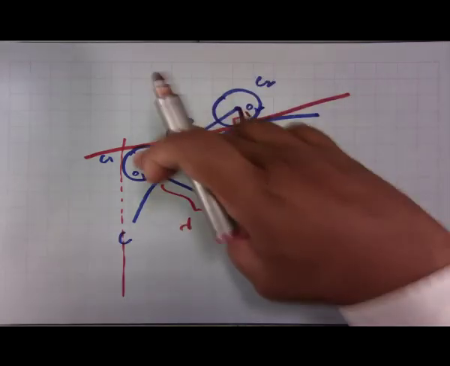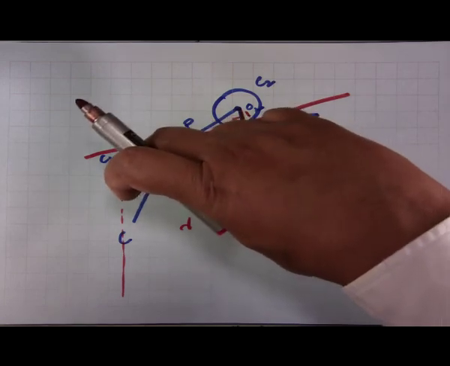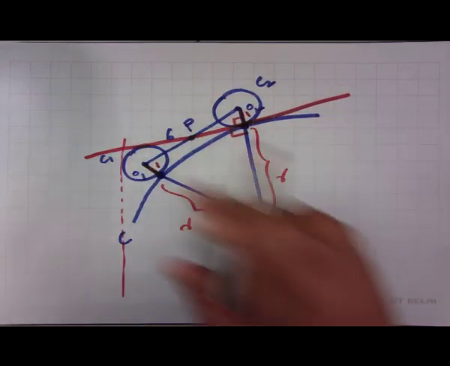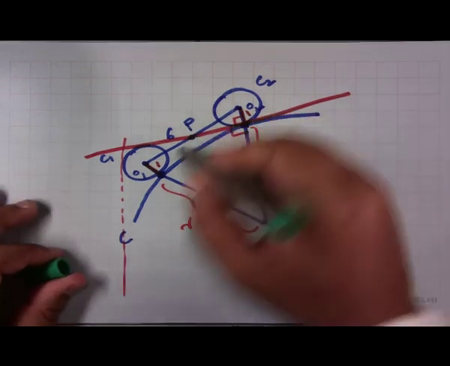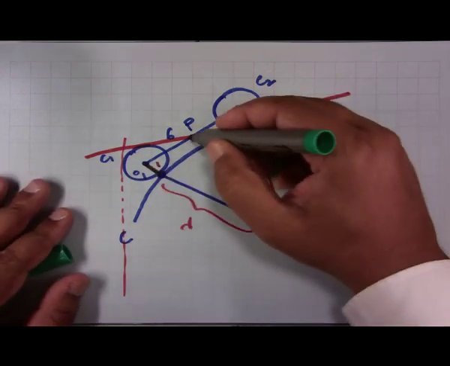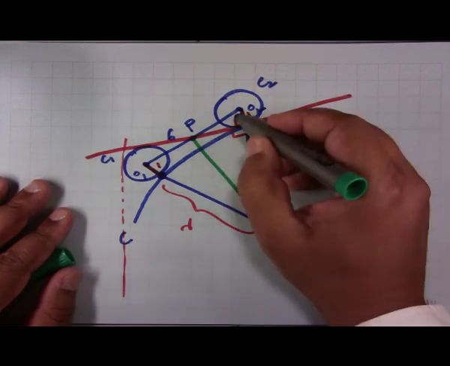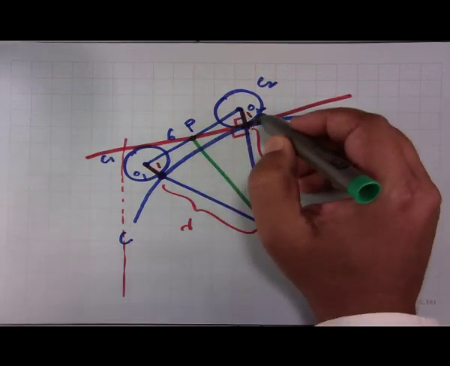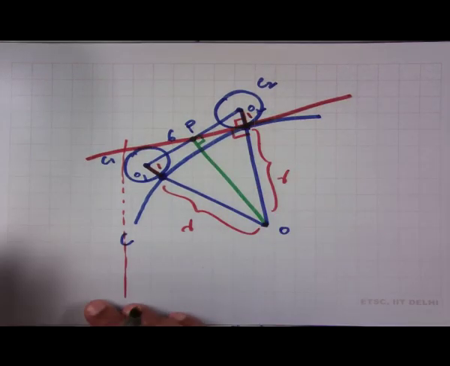So, this side is r plus 1, this side is also r plus 1, and therefore this is an isosceles triangle. Hence, since P is the midpoint of this side O1 O2, if we connect P and O, it is clear that the angle O2 P O will be 90 degrees.